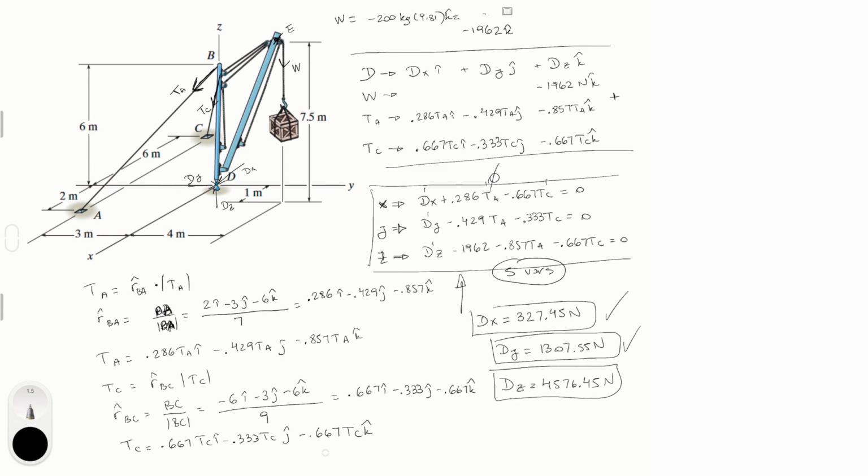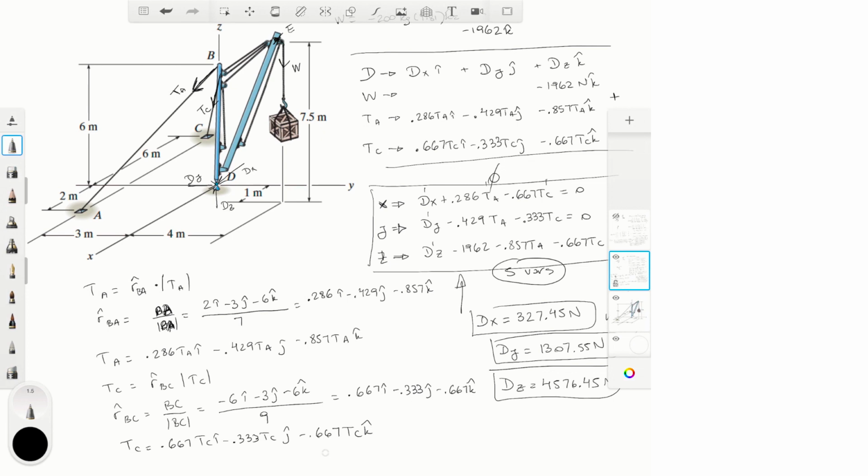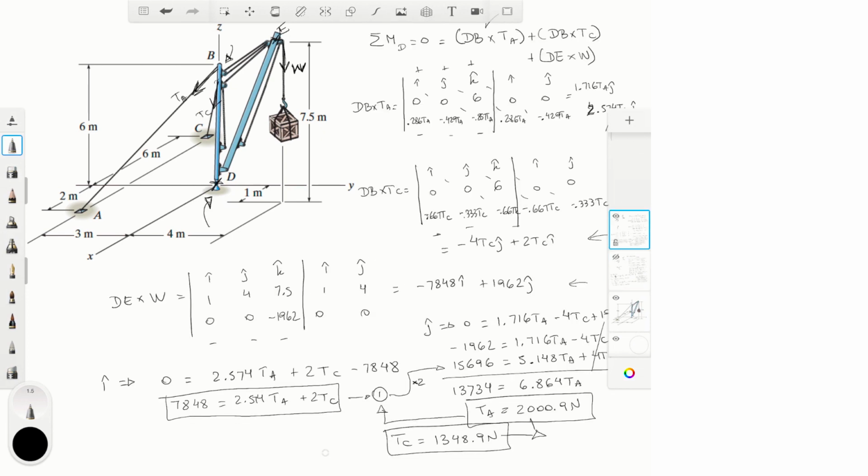Those are the final answers for the reactions at D, and the final answers for the tension that goes towards point A and the tension that goes towards point C.